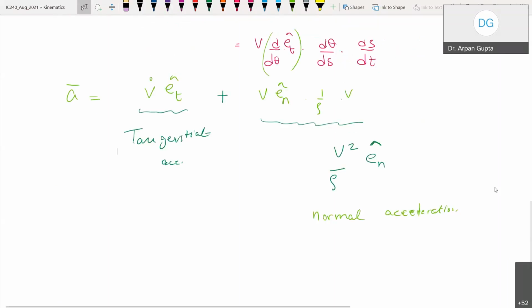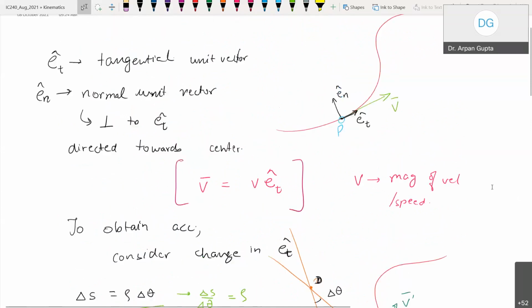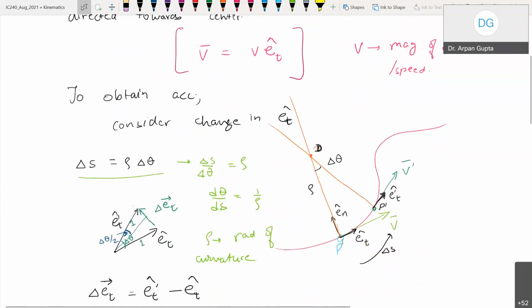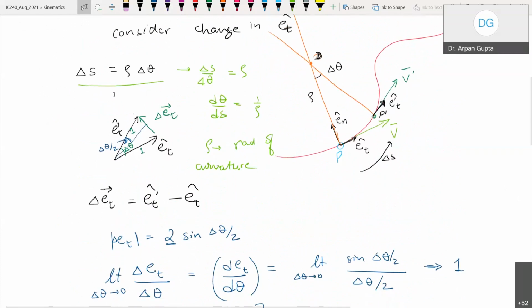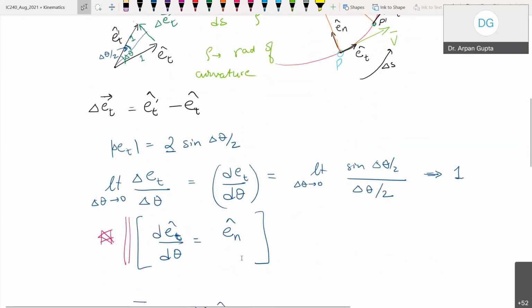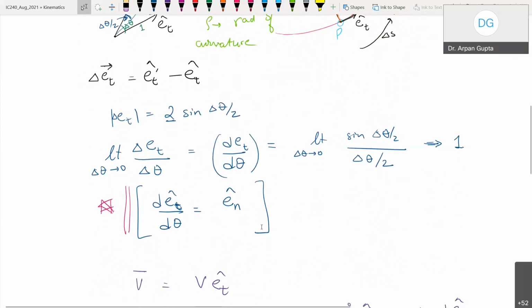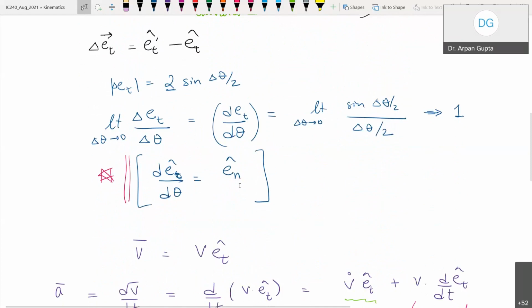We saw here that these unit vectors et and en, as the particle moves, these coordinates also change direction. A very important relation we obtained from this diagram is det by d theta, which turns out to be en cap. That's a very important relation which we are going to use even in this class.